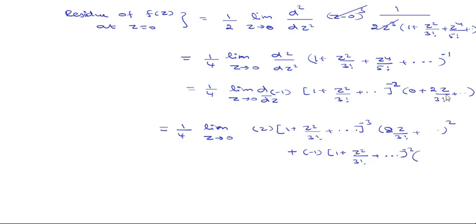So we get 2z, when you differentiate we get 2 by 3 factorial. So the next term will consist of z power 4, z power 4 by 5 factorial.